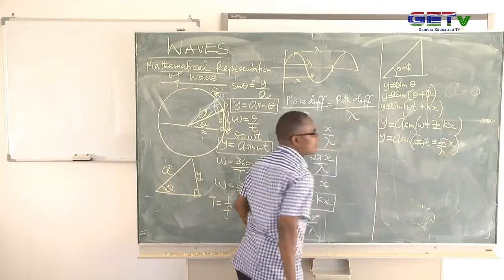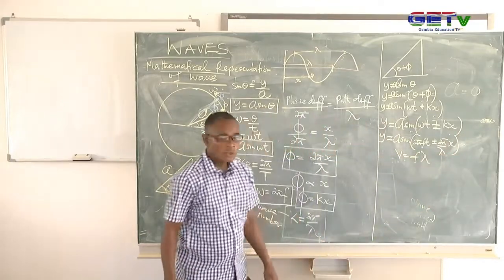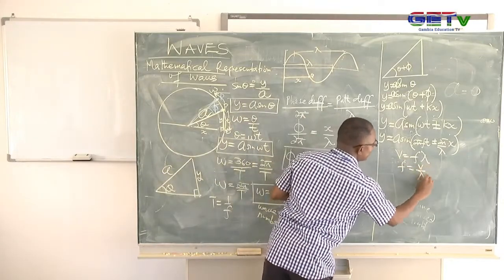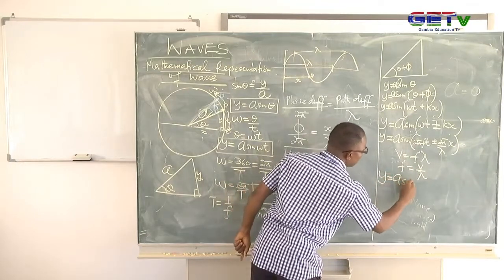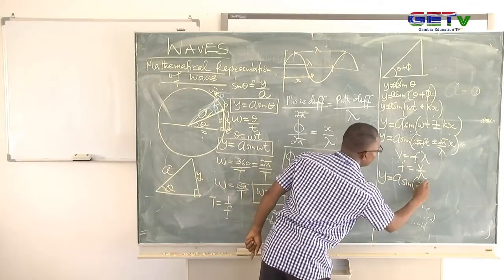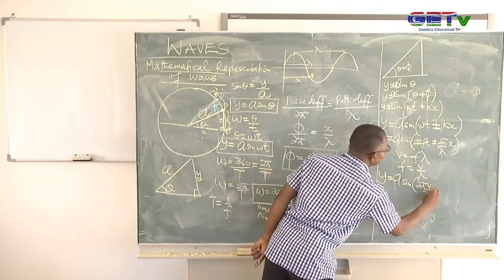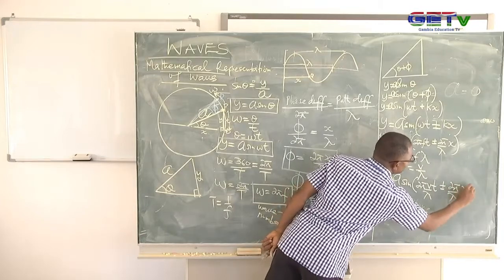From waves, we know that v equals f lambda, so I can make f the subject: f is v over lambda. If I fix it back inside the equation, I will have A sine of 2 pi, instead of f I put v over lambda, then t, then plus or minus 2 pi over lambda times x.